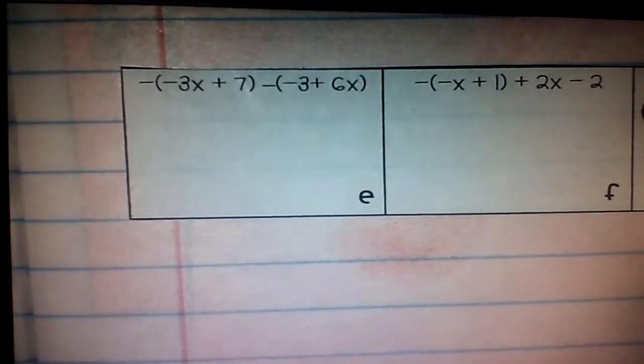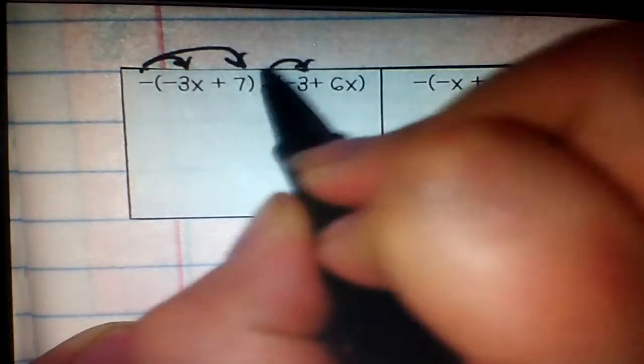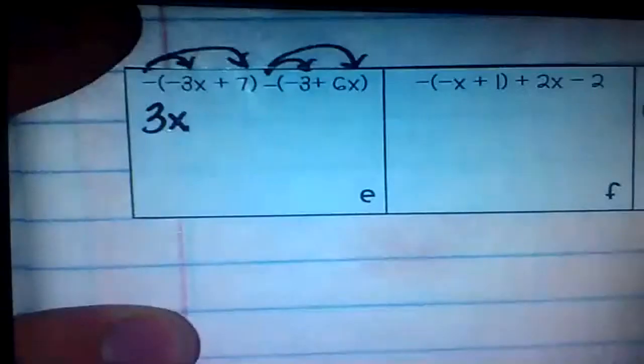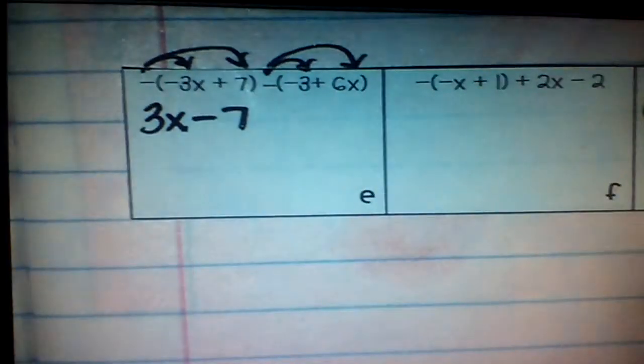Okay, E. What needs to be distributed in E? The negative ones. Okay, don't forget there's an unwritten 1 here. So I distribute my negative to this set of parentheses and my negative 1 to this set of parentheses. So negative times a negative makes this a positive 3x. And a negative times a positive makes this a negative 7.